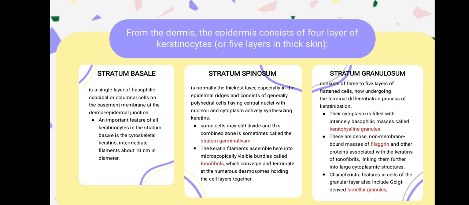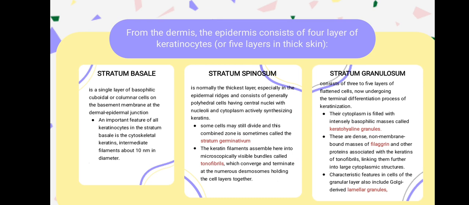An important feature of all keratinocytes in the stratum basale is the cytoskeletal keratin intermediate filaments about 10 nanometer in diameter. So our stratum basale are technically stem cells actively dividing, and some newly formed cells become part of the more superficial layers.